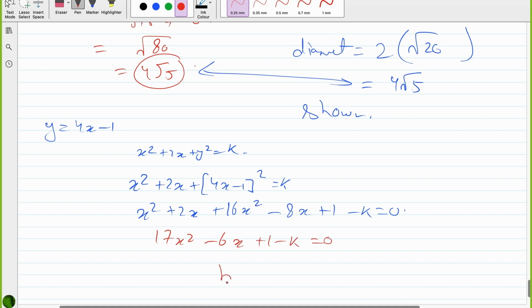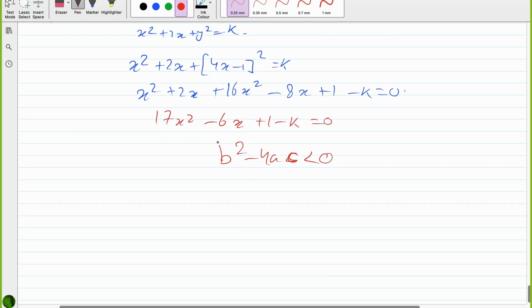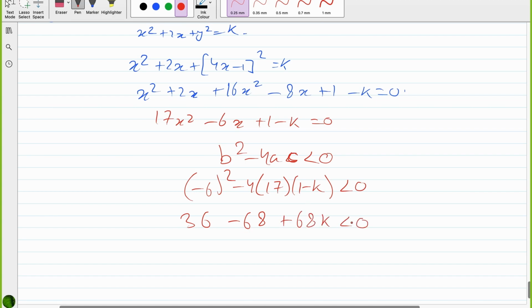Now they are not intersecting, so b squared minus 4ac is less than 0. Substituting the values, b is minus 6 squared minus 4 times a which is 17 and c is 1 minus k, less than 0. 36 and 17 into 4 is 68, negative 68 and then positive 68k is less than 0.